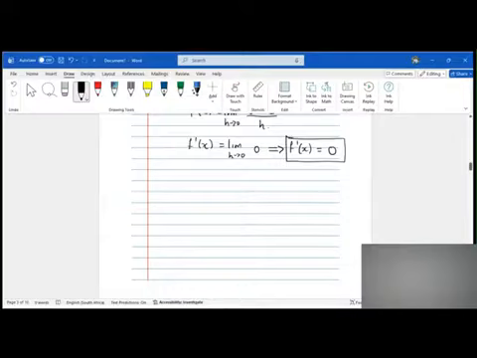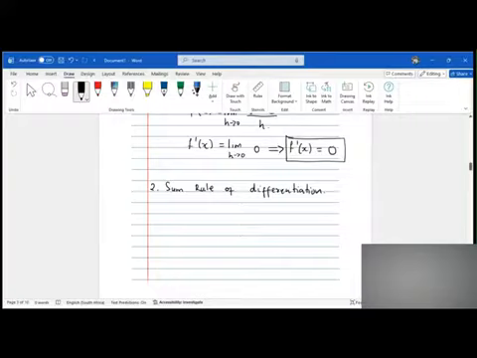the sum rule. So our number 2, the sum rule of differentiation.